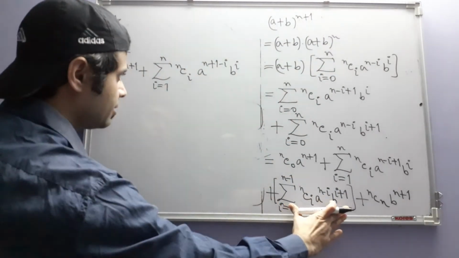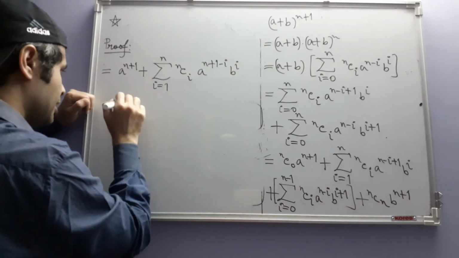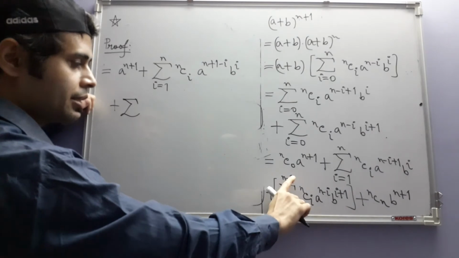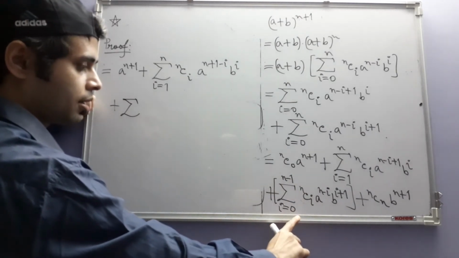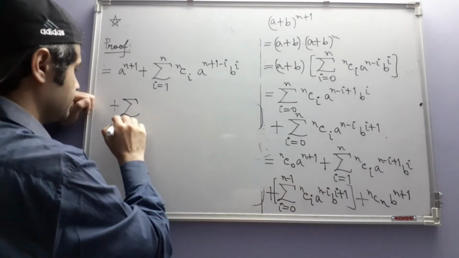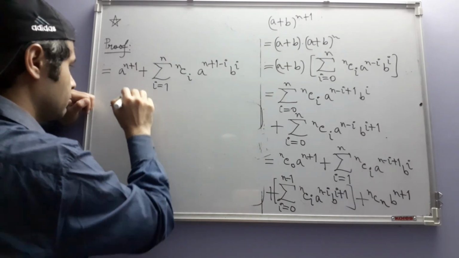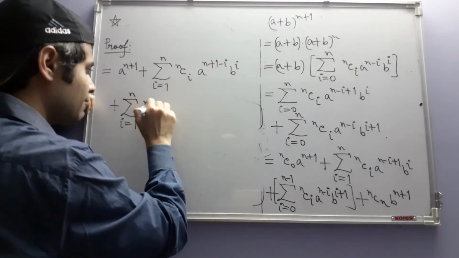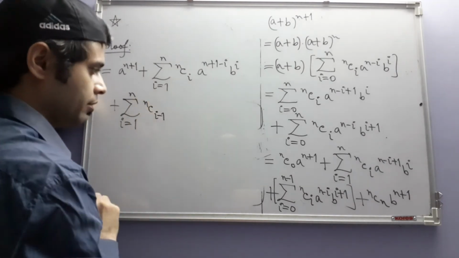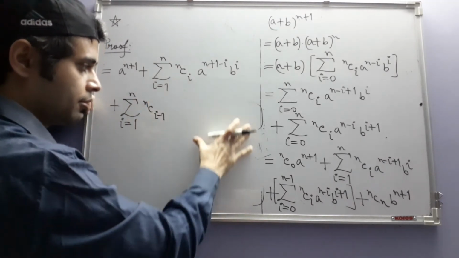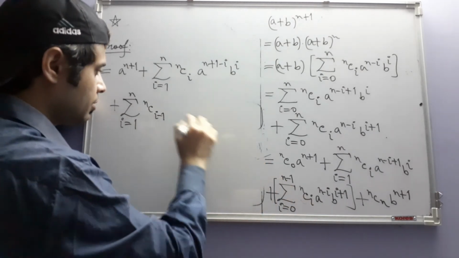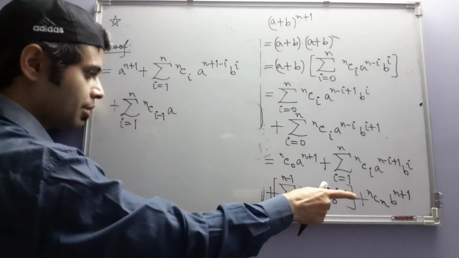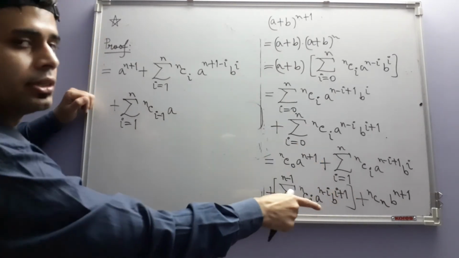So instead of this sum, now I write plus summation. Remember, I am increasing the indices by 1. So I will now vary from 1 to n. In place of NCI, I will have NCI minus 1. You remember this calculation, which was here. The exponent of A will be increased by 1 and the exponent of B will be decreased by 1.